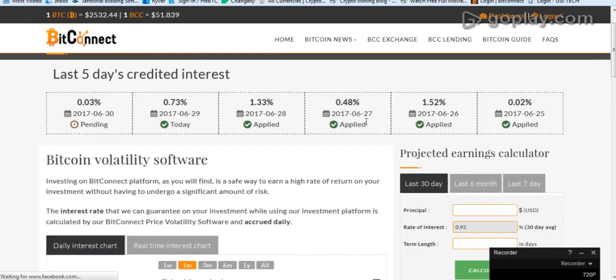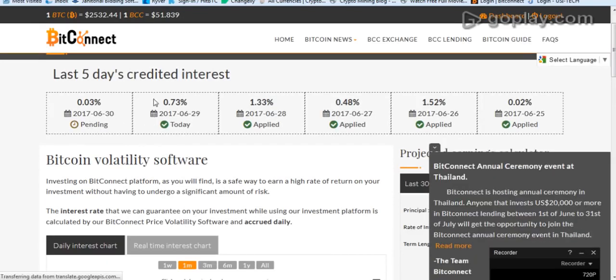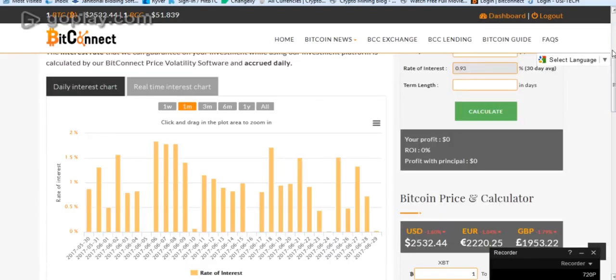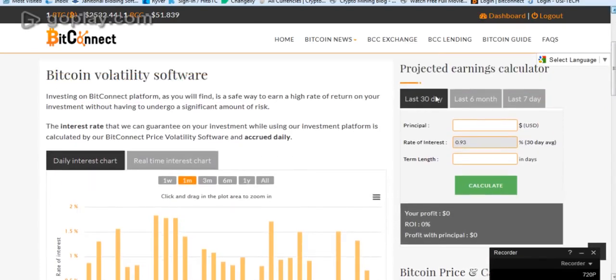Here you can see the last 6 days of payouts, well, 5, and then this is for today or tomorrow. But yeah, over the last 30 days, the average rate of interest has been 0.93. So I'm just going to keep that 0.9 in there. I think that's safe.